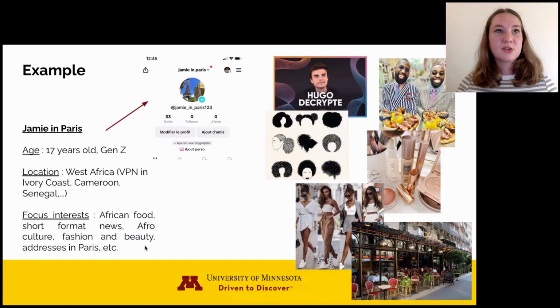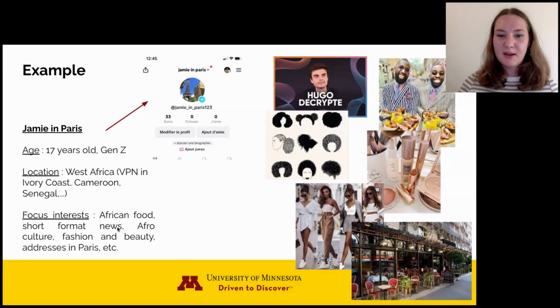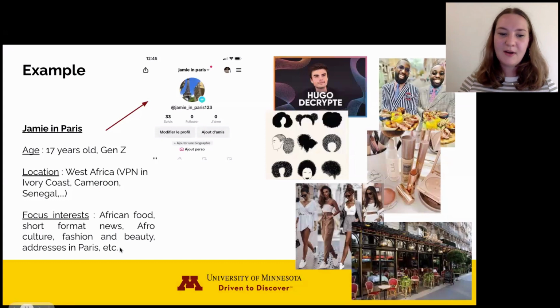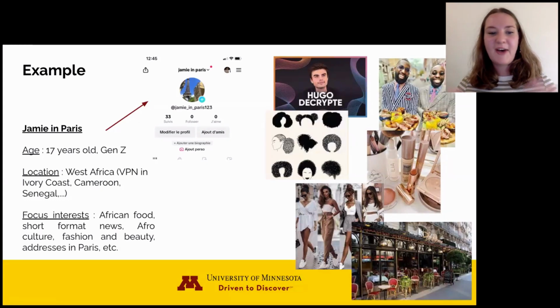So also beauty tricks from Mali, like the traditional way of making soap. And on the other side, as she's from Gen Z, she could be influenced by the image of Paris, so looking for addresses in Paris, looking for fashion in Paris. So this was a little bit what we had in mind to create profiles.